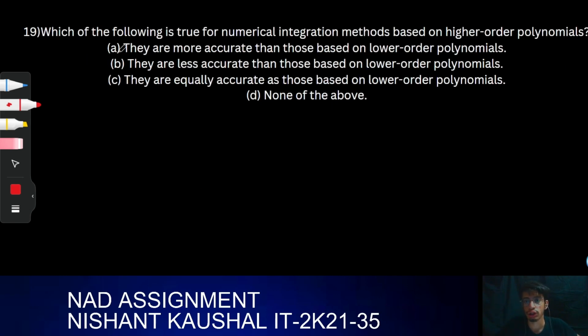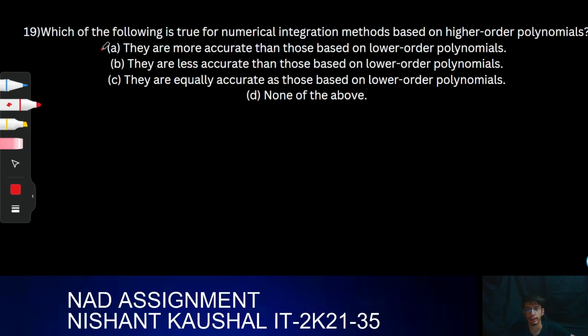Let us proceed to question number 19. Which of the following is true for a numerical integration methods based on a higher order polynomial? They are more accurate than those based on a lower order polynomial. They are less accurate than those based on a lower order polynomial. They are equally accurate as those based on lower order polynomial. None of them.